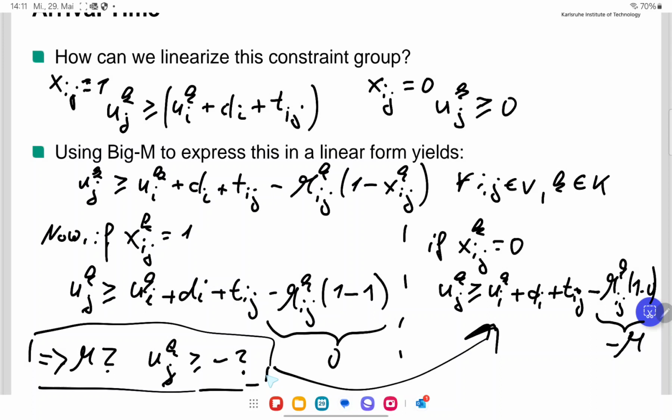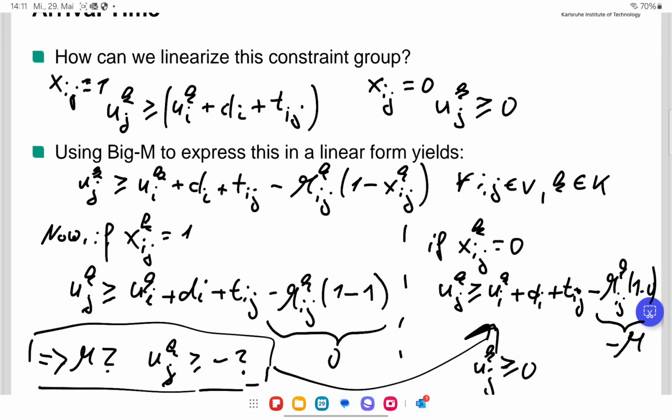And it's fine if we choose a capital M which is really huge, then we have a negative value on the right hand side, because our domain of u_k is anyway at least 0. We had that before, okay? And so it means if it's at least 0, of course, then it's also at least some kind of negative value, okay? So everything is fine.